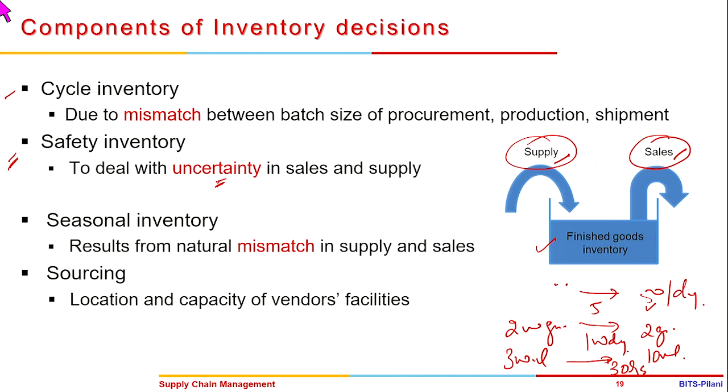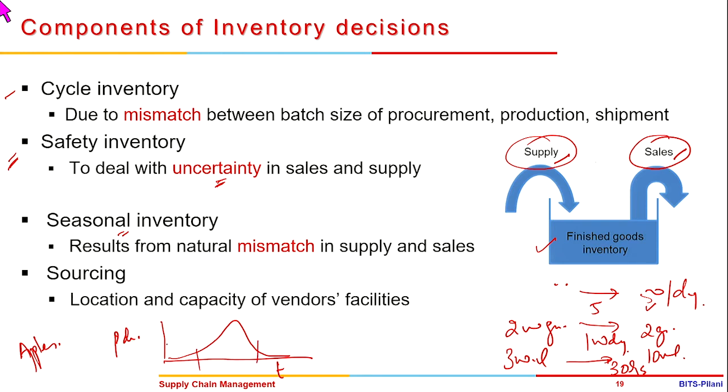There are two other aspects that we will deal with. One is called seasonal inventory. You will notice that there are many products which have seasonality. Let us look at apples. Apple's production happens something like this, and this is time, it is not a normal distribution. And this is the production. So production largely happens in a very short time.